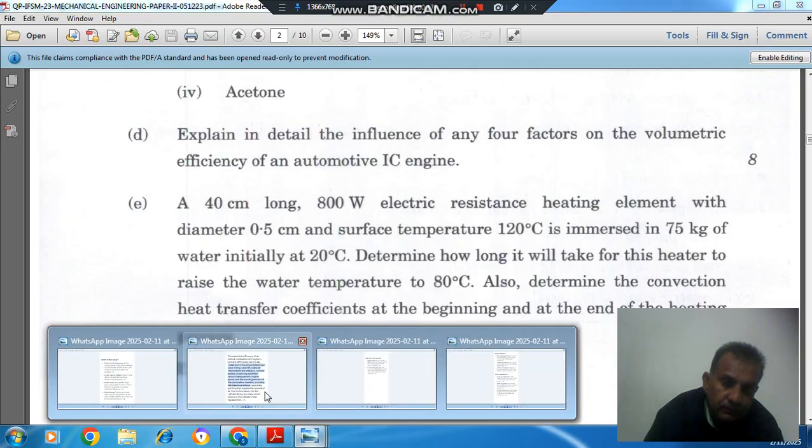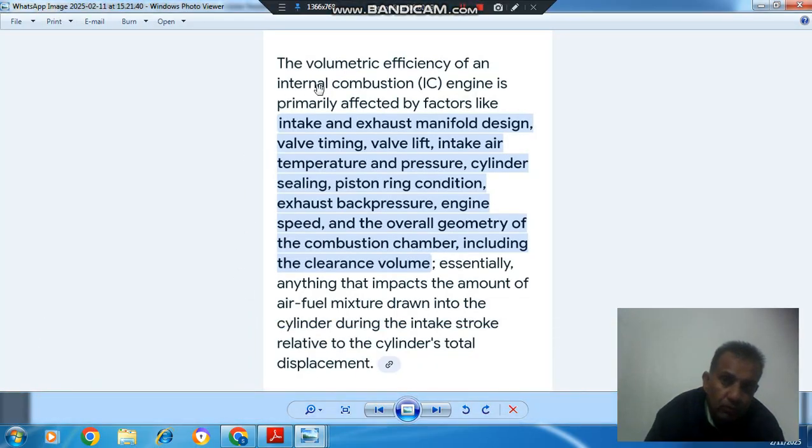So here the volumetric efficiency of an IC engine is primarily affected by factors like intake and exhaust manifold design, valve timing, valve lift, intake air temperature and pressure, cylinder sealing, piston ring condition, exhaust back pressure, engine speed, and overall geometry of combustion chamber, including the clearance flow.